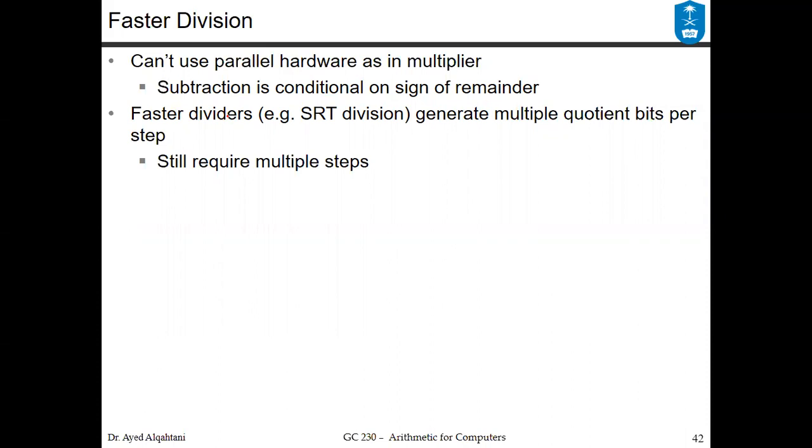The faster dividers use another method called SRT division, which generates multiple quotient bits per step, and you can do somehow the parallel or an equivalent to the parallel hardware, but this subject is actually a master level subject in computer arithmetic, so we will leave it out.